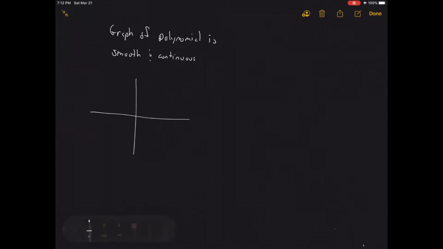The graph of a polynomial is smooth and continuous. Okay, so the smooth part just means that if I was to graph it, it's going to have no corners, no rough edges, so it would look something like this.